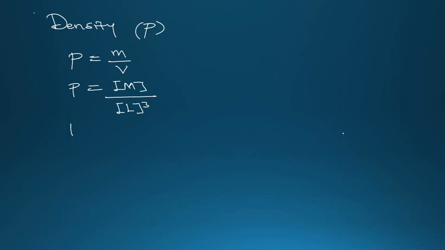So we go ahead now and take this on top. When we take this on top, it is going to gain a negative. If it is positive, it becomes negative, and vice versa. These are the dimensions of density, guys.